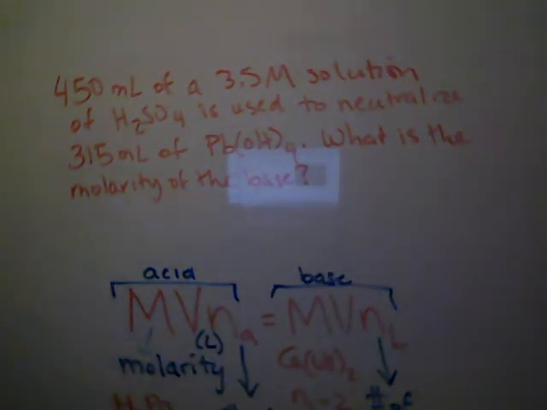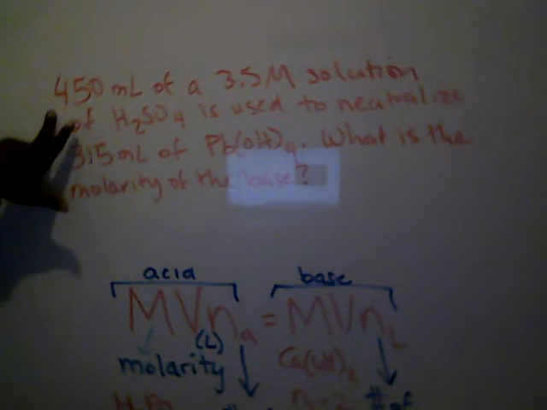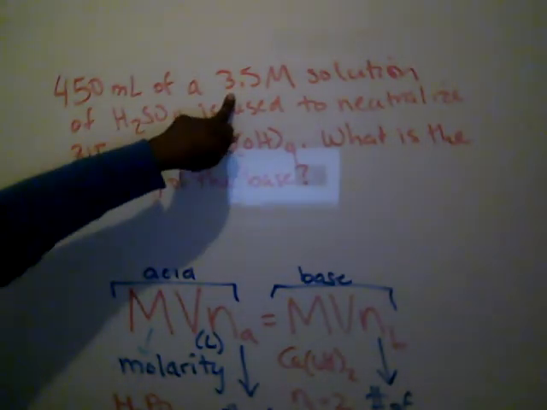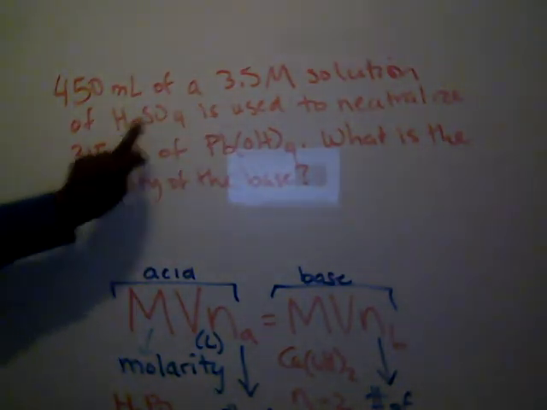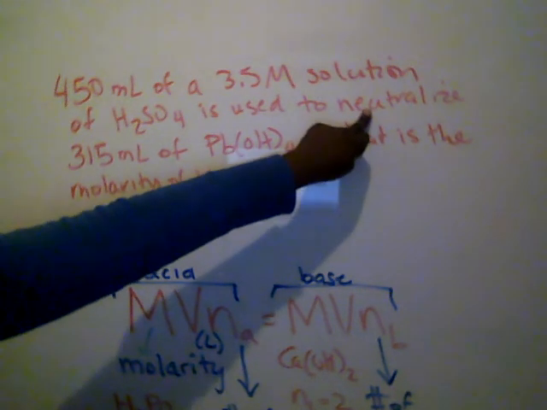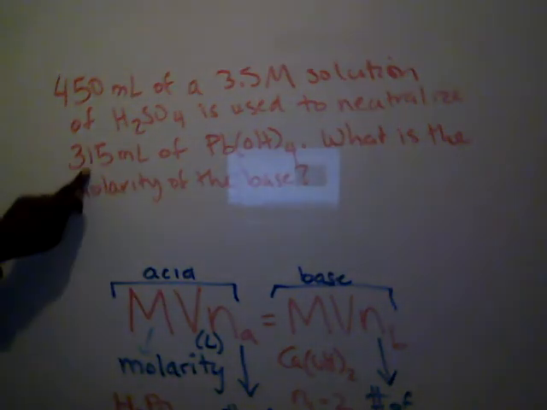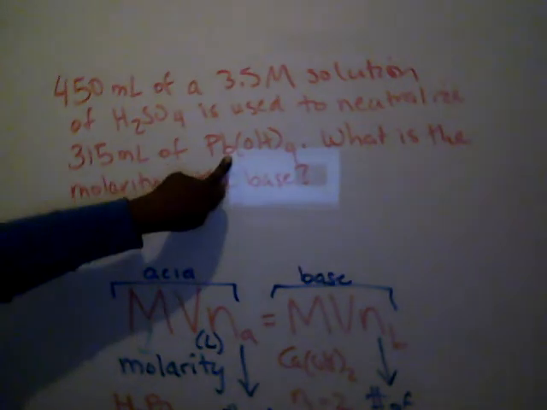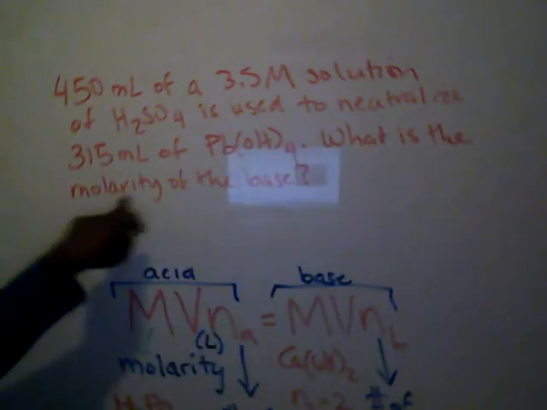Okay, so let's say you have 450 milliliters of a 3.5 molar solution of H2SO4 is used to neutralize. Now they may instead say used to titrate, but either way, 315 milliliters of lead hydroxide. What is the molarity of the base?